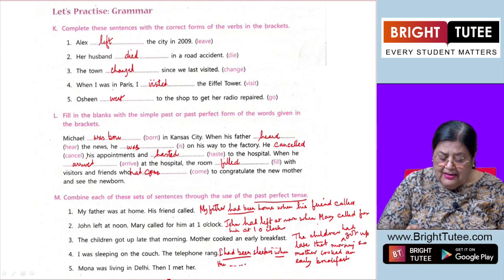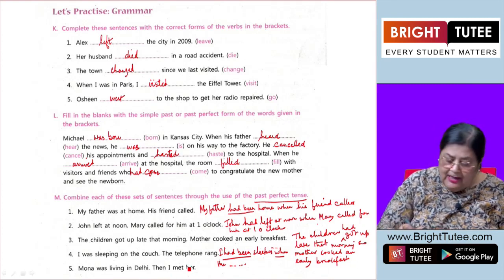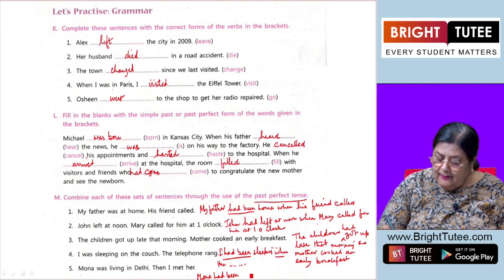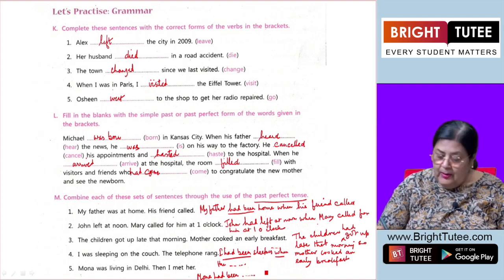Mona was living in Delhi. Then I met her. Mona had been living in Delhi when I met her.